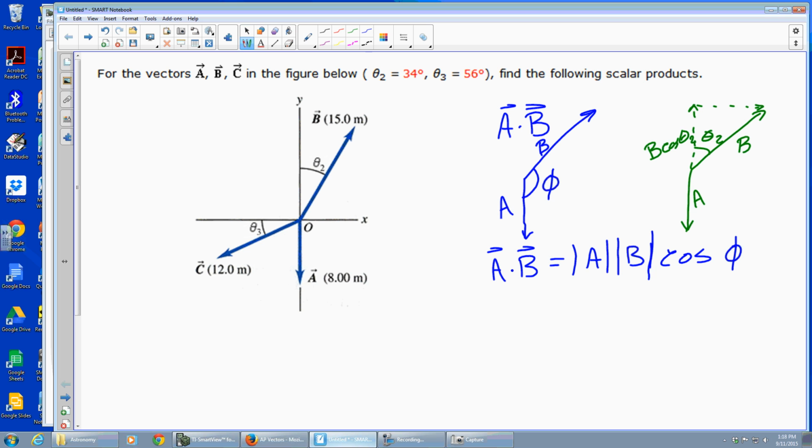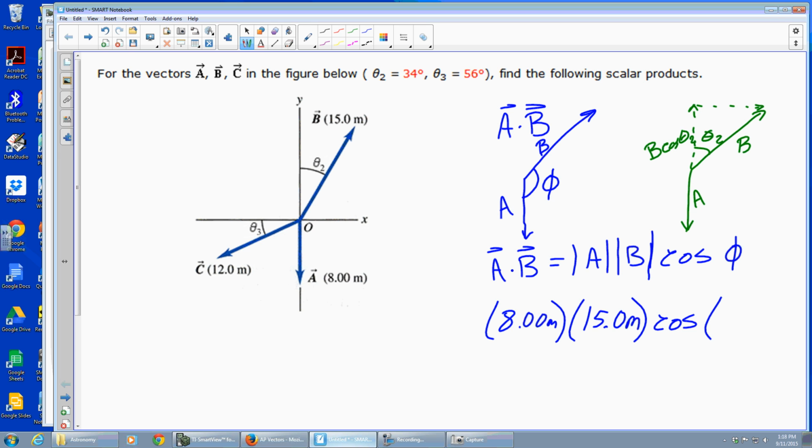So I have my absolute value of A, which is 8.00 meters, and my absolute value of B, which is 15.0 meters, times cosine of phi.